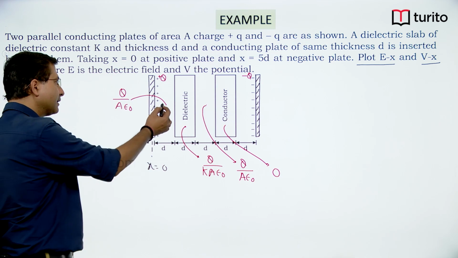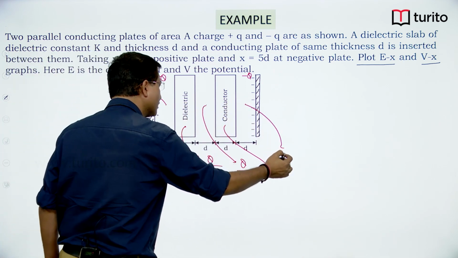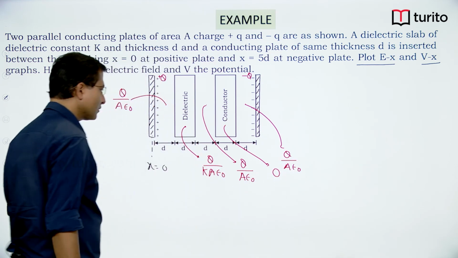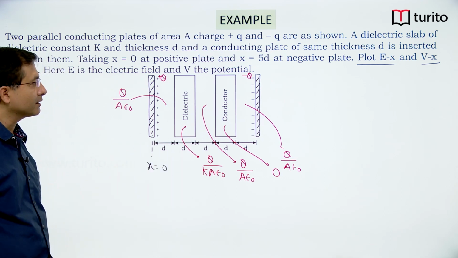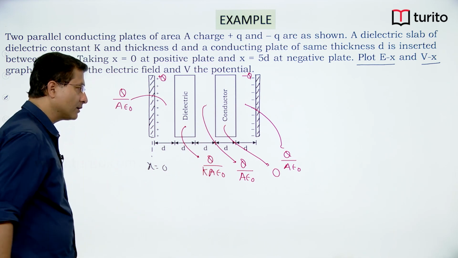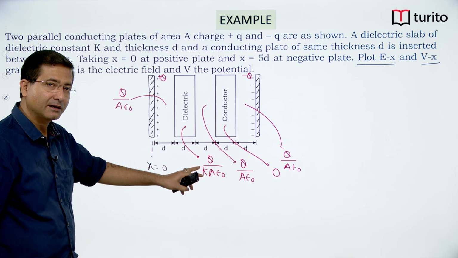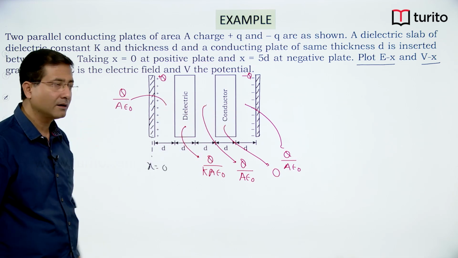Similarly, whatever field here, same as field here, same as field here. So, here again field is q upon A epsilon naught. So, this is the way we will be having field. If I want to plot it, since the dielectric constant k is greater than or equal to 1, and here for the dielectric I am using k greater than 1, the field here will be something less than whatever be outside.